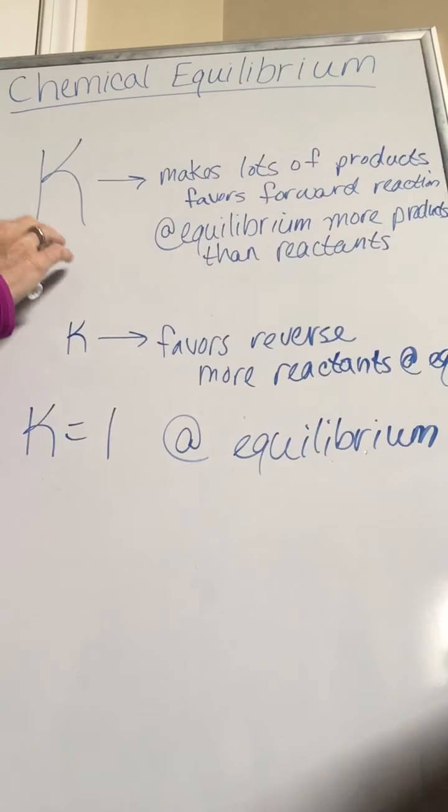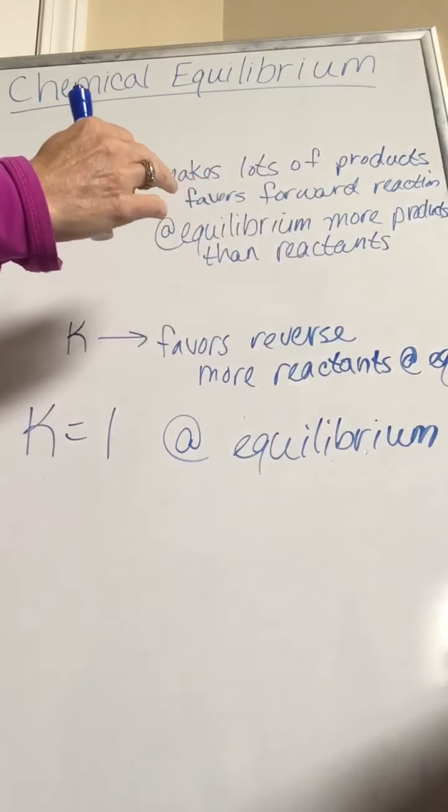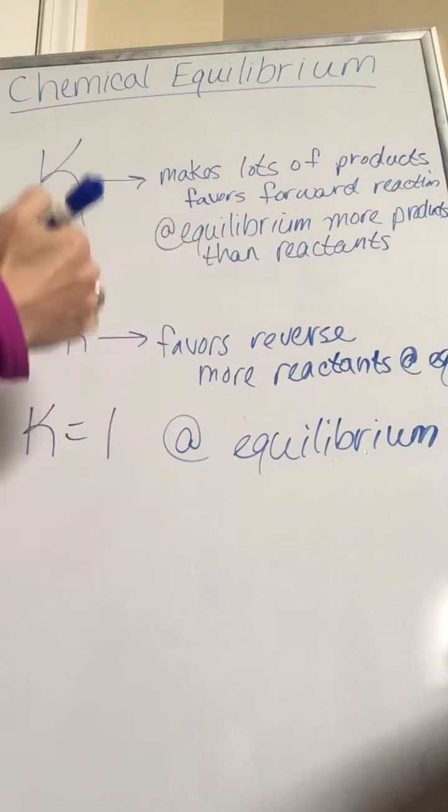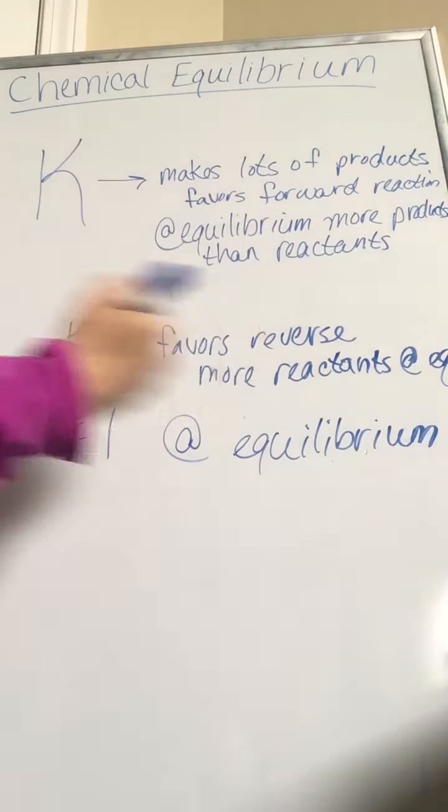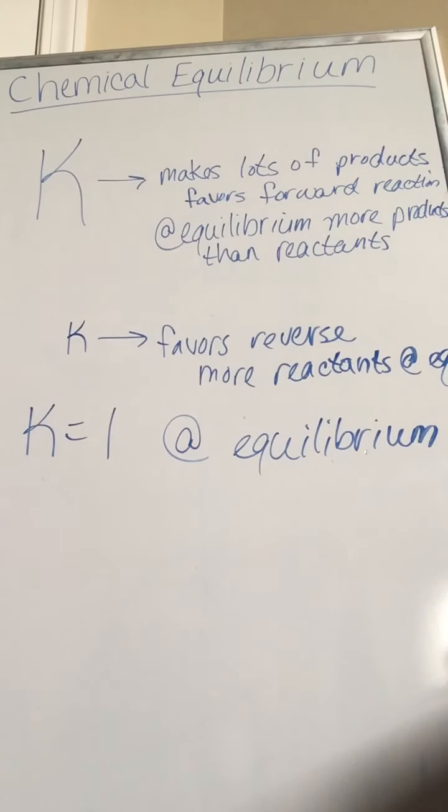When the constant is big, it favors the forward reaction, and you're going to have more products than reactants at equilibrium. When it is small, it favors the reverse reaction, and there are going to be more reactants at equilibrium. And when K equals 1, the concentrations of both are equal. The rate is equal going both directions, and so you're at equilibrium.